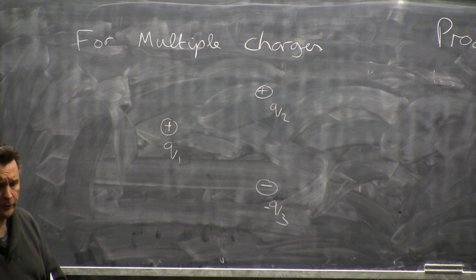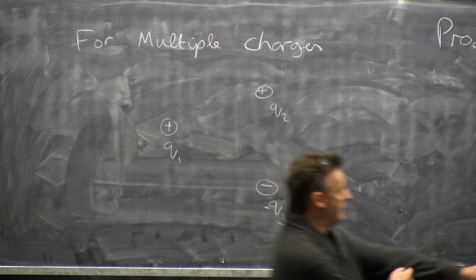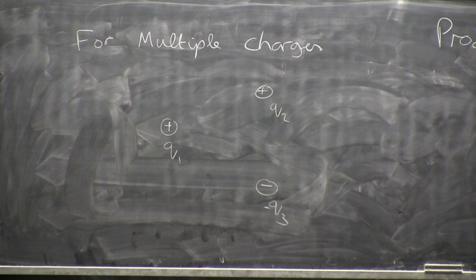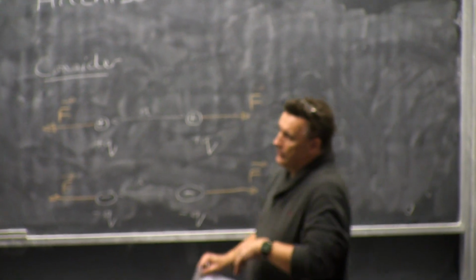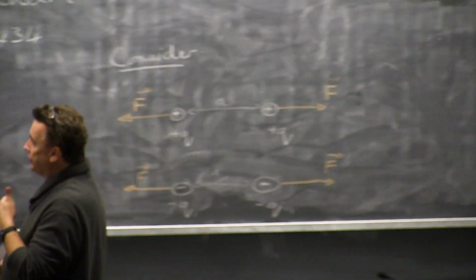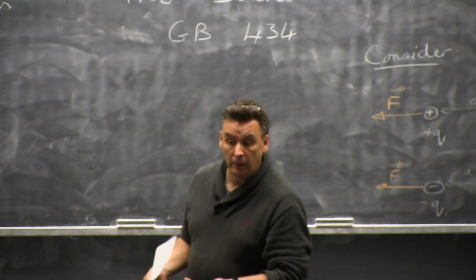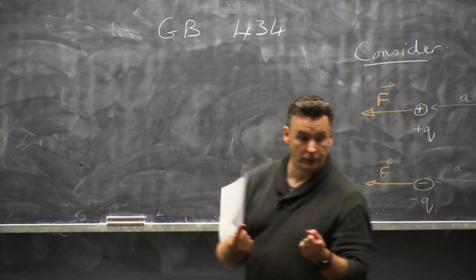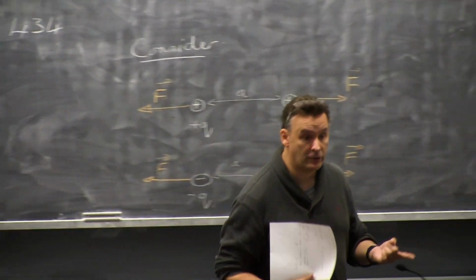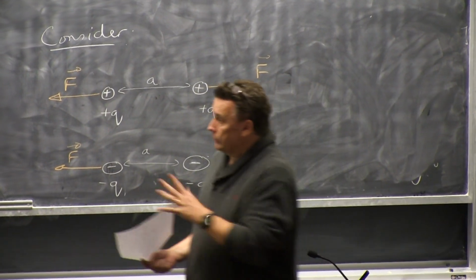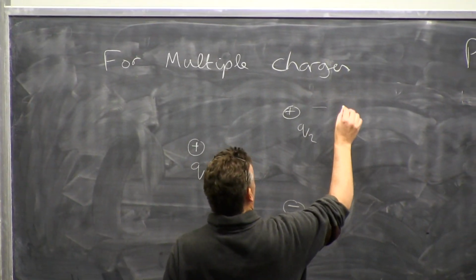So I've got three different charges. If I can solve this problem, I can solve this problem. The forces are conserved, so I just have to add up the forces. They're vectors, so they've got direction. I need to account for the different directions. But if I do that, all I do is consider the total force.